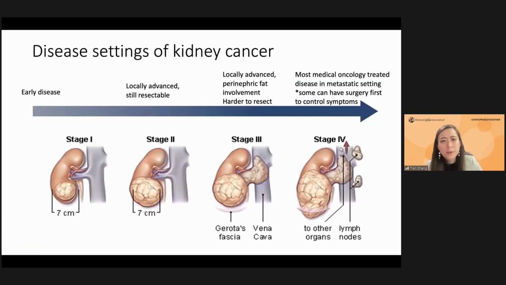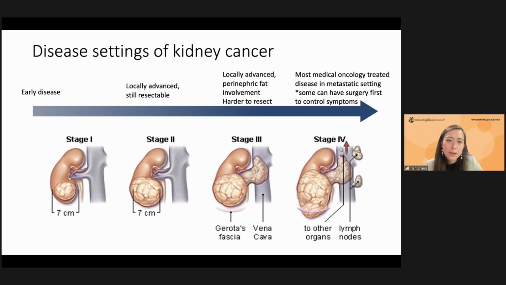All right, so what about disease settings of kidney cancer? Often we're looking at stage of the kidney cancer, with early disease where cancer is localized to the kidney. 7 centimeters is generally our cutoff between what we call T1 and T2, or stage 1 and stage 2.